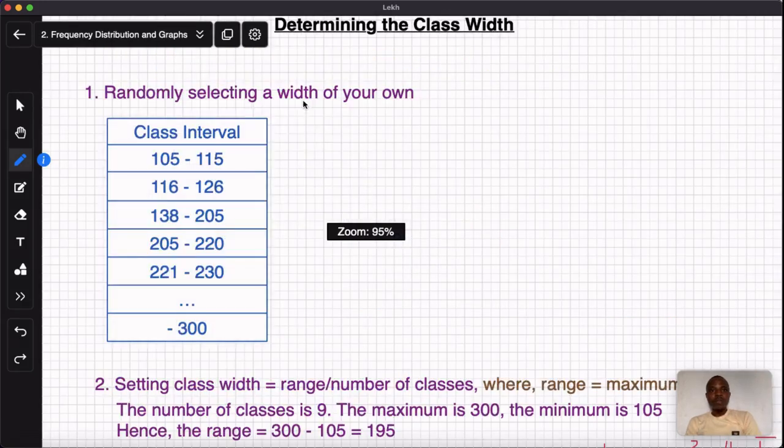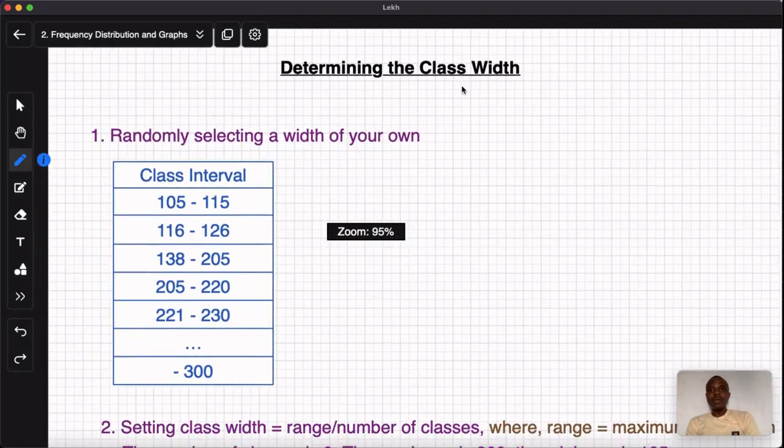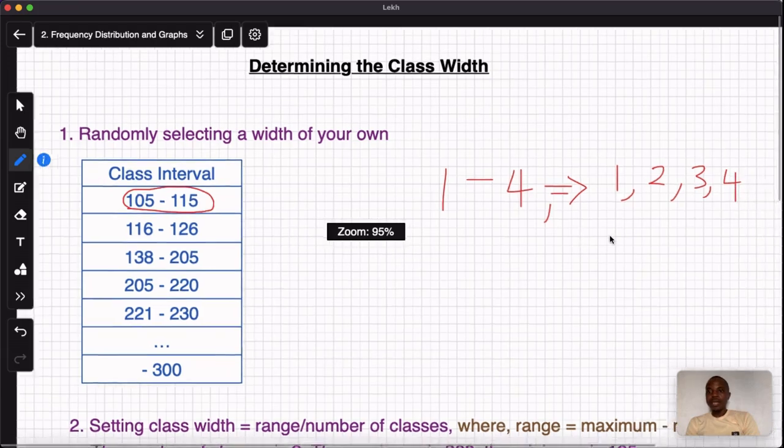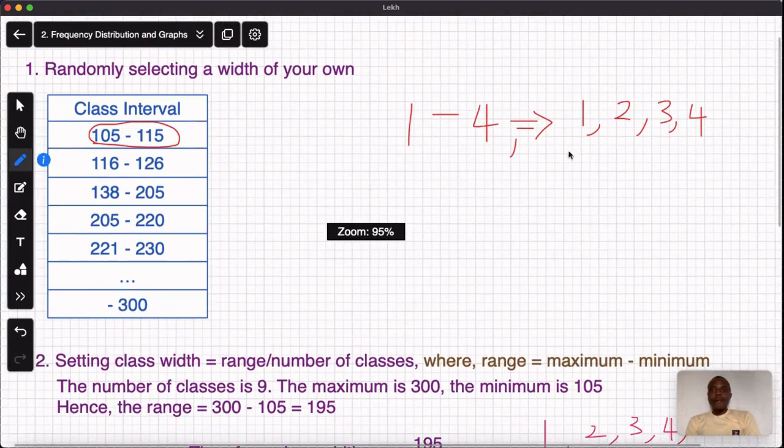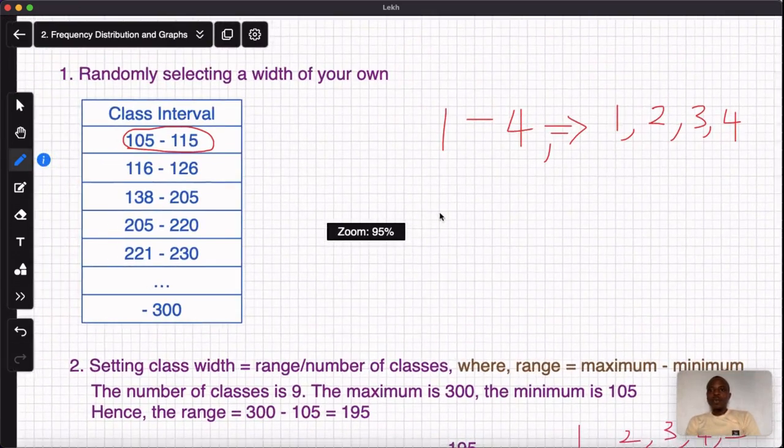All right, so let's look at determining the class width. After knowing the number of classes, you may want to know how many numbers should be in each class. The other time we did 1 to 4, the numbers involved would have been 1, 2, 3, and 4, so the width was going to be 4.